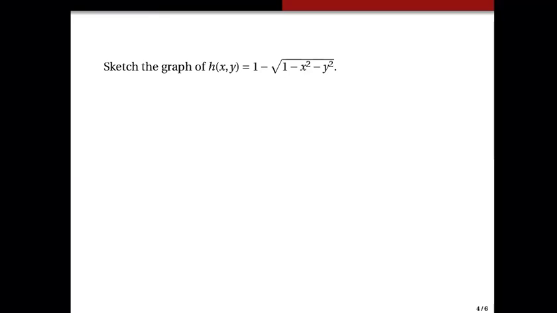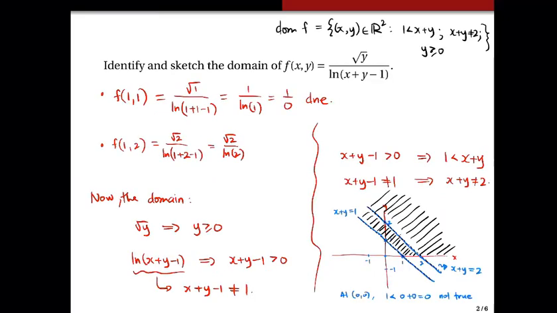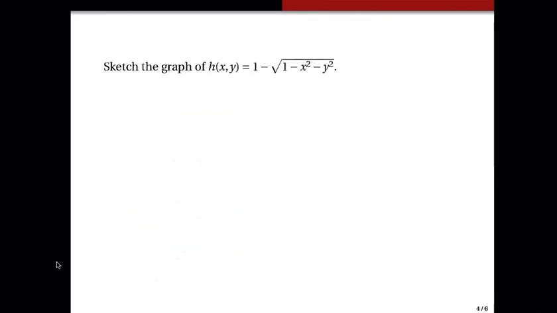Take note that for the previous functions, g and f, the variables are x and y, so the domain comes from the Cartesian plane, the xy plane. On the other hand, in this problem we are asked to sketch the graph of the function h. The graph of a function having two variables will be a three-dimensional object.